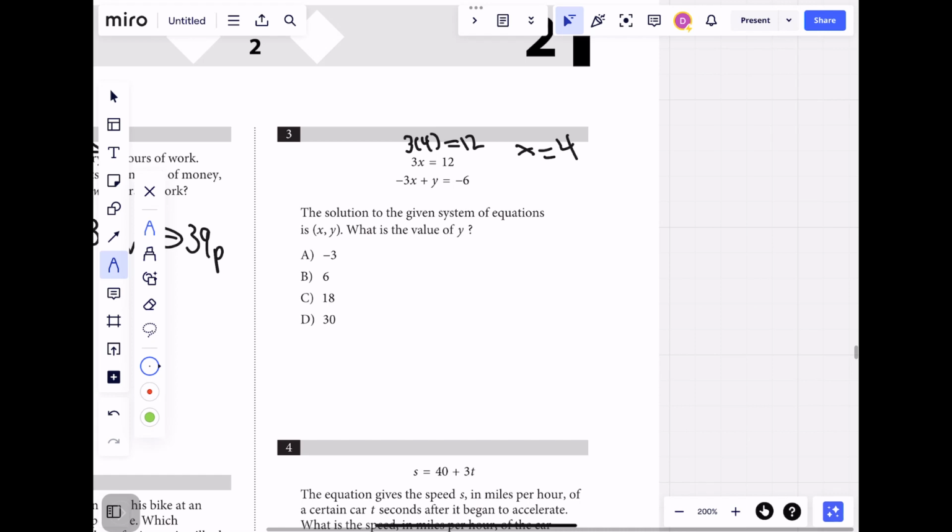Then we can plug 4 into this. So we're going to get 3 times 4 plus y equals negative 6. So negative 12 plus y equals negative 6. Add 6 to both sides. And then y is going to be 6.